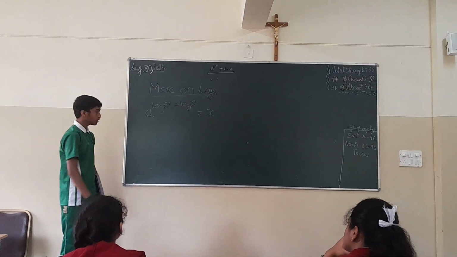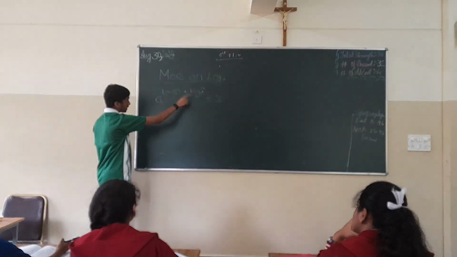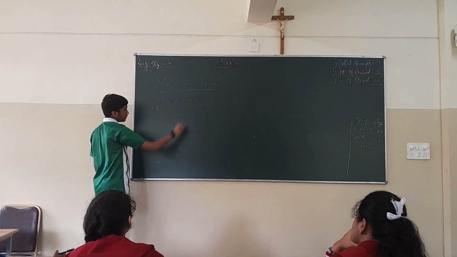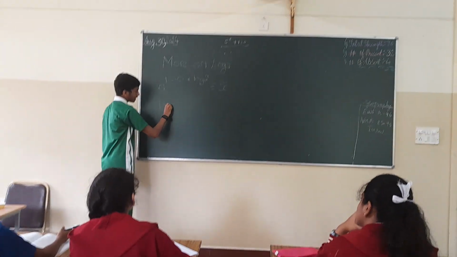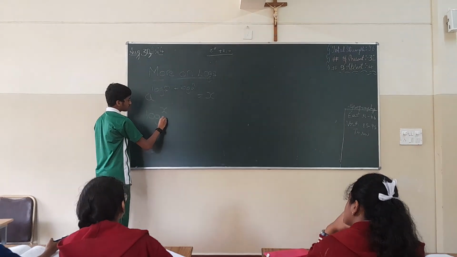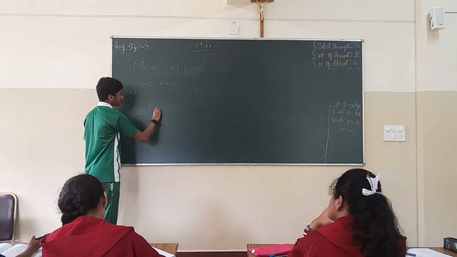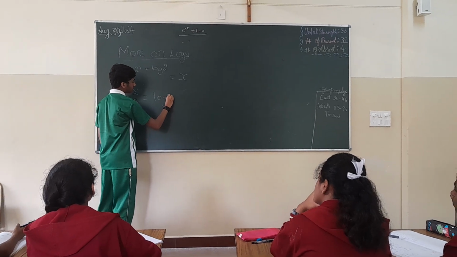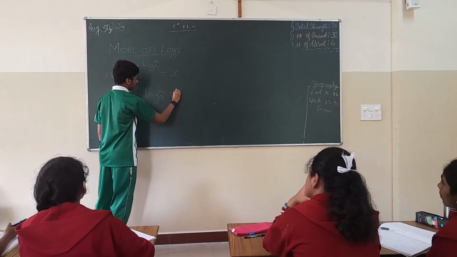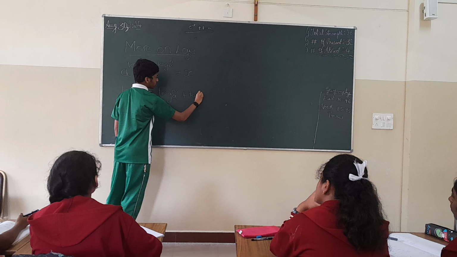Great. Now write the entire form in logs. So log x to the base a is equal to log m to the base a plus log n to the base a.